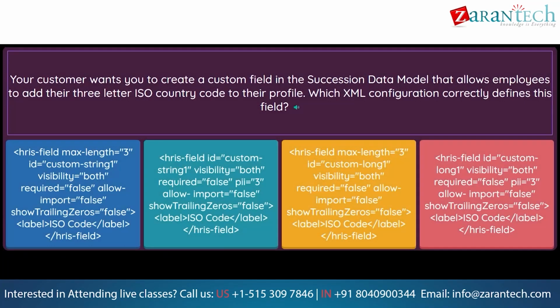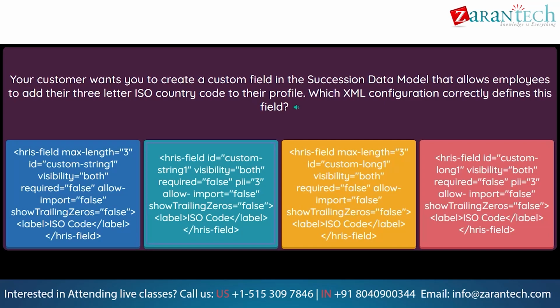Question: Your customer wants you to create a custom field in the succession data model that allows employees to add their 3-letter ISO country code to their profile. Which XML configuration correctly defines this field? Option 1: hris-field max-length=3 id=custom-string1 visibility=both required=false, allow-import=false, show-trailing-zeros=false, label ISO code, /label, /hris-field.